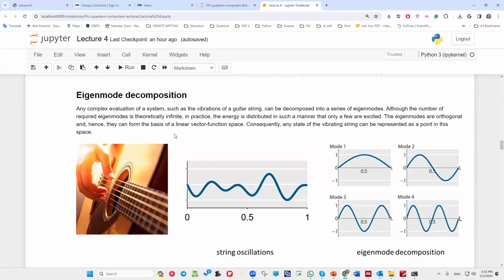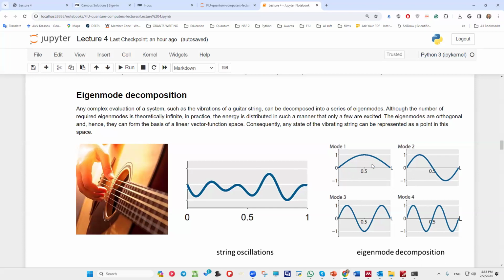One can find the set of eigenmodes of this system. The first 4 eigenmodes of a string are demonstrated here, mode 1, 2, 3, and 4. As you can see, they remind us of sinusoidal functions, right?